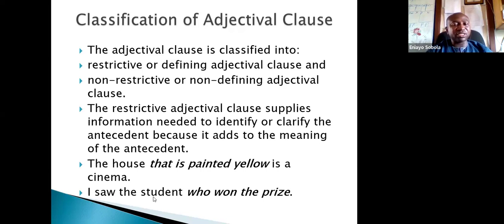Second one, I saw the student who won the prize. Could I just mention I saw the student? There will be a question: which student? Who won the prize supplies a piece of information that will help us to identify the student in question.